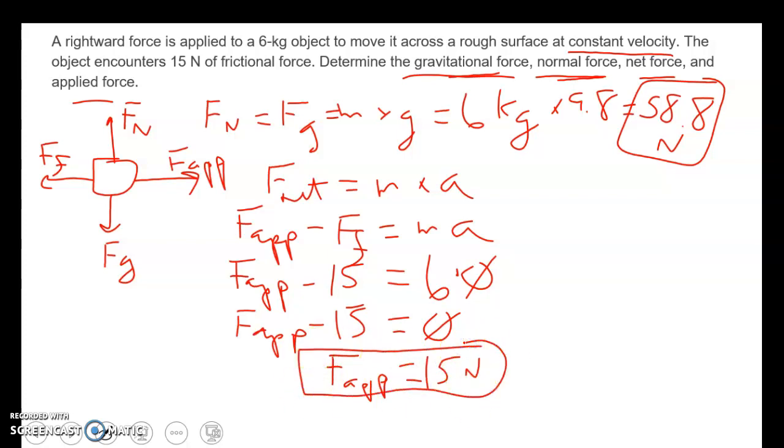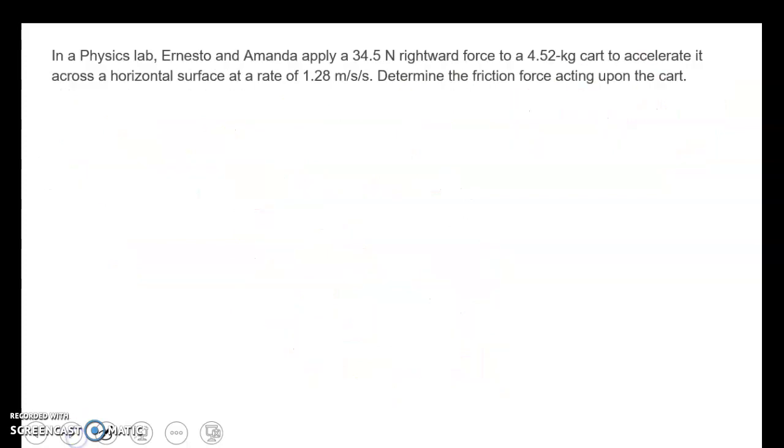Net force is 0 because mass times acceleration is 0. And then our applied force is 15 because our frictional force is 15. Look for that sometimes.